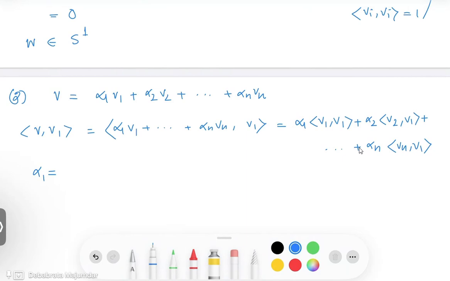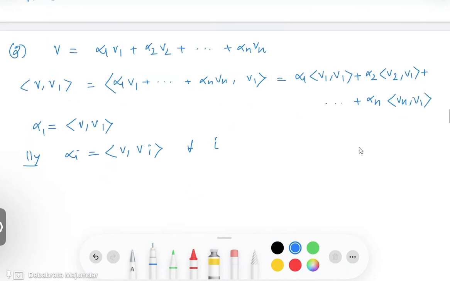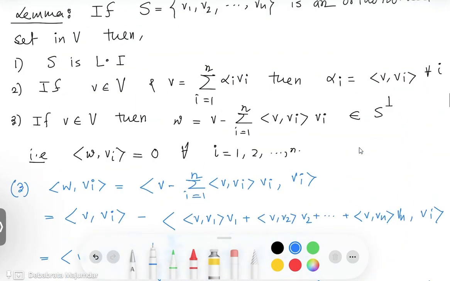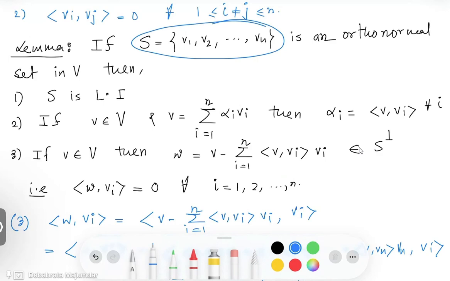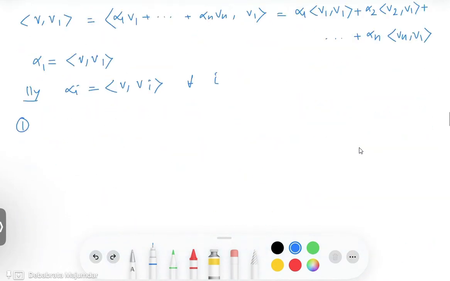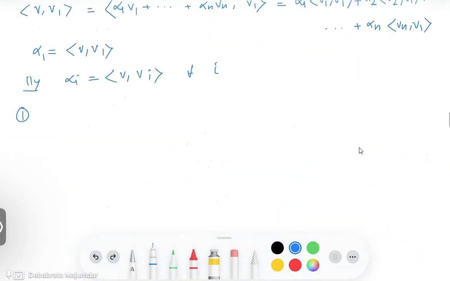So alpha 1 is v comma v1. Similarly, alpha i is equal to v comma vi, right? And this set is linearly independent. Why? Tell me why.